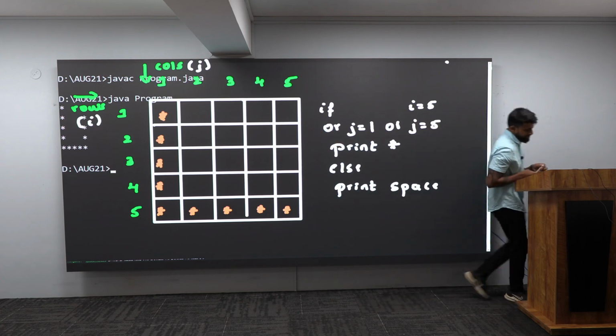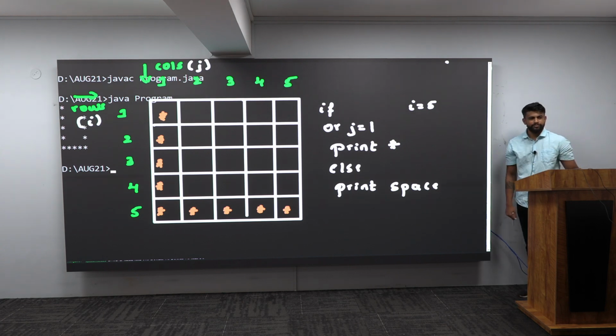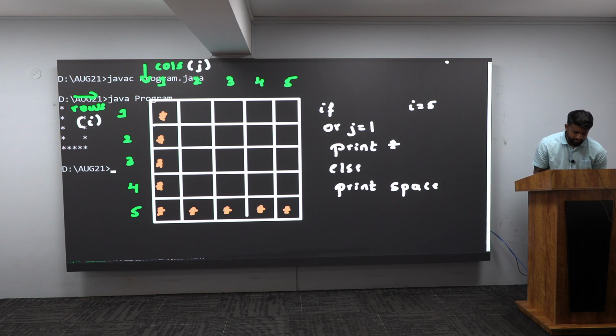When I is 5, or what should you tell? J is 1, then you have to print the star. That's it. Else what should you do? You have to print the spaces. With the same logic, we can proceed further and code this also. Yes or no? Very good.